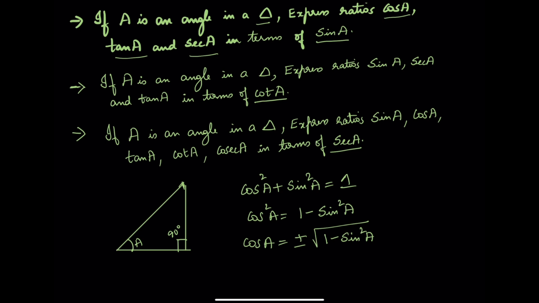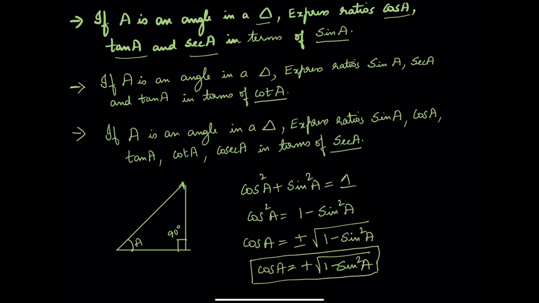But here we have two choices, positive or negative. Here we will go with positive because in a triangle there cannot be negative angles. So that is the reason cos A is equal to the positive value of the square root of 1 minus sine square A is the correct representation when the angle A is in a triangle.